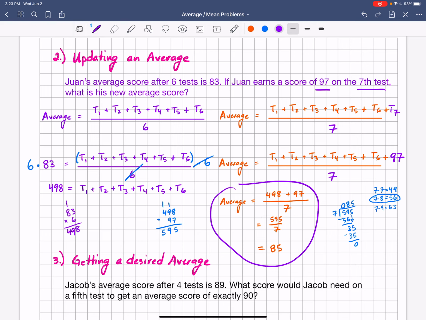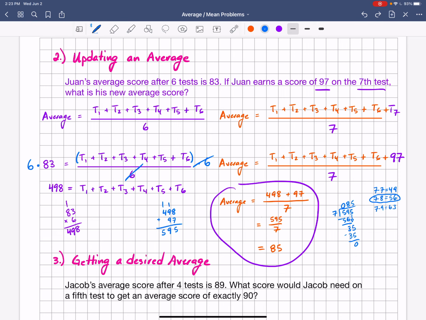He got a 97. So what do you expect to happen to his average now? Is it going to make his average score better or worse than it originally was? Well, since his new score was higher than the original average, we expect it to raise the average score.